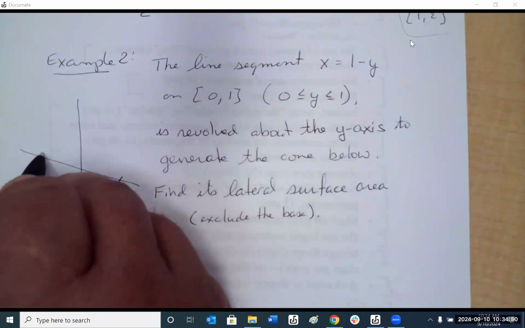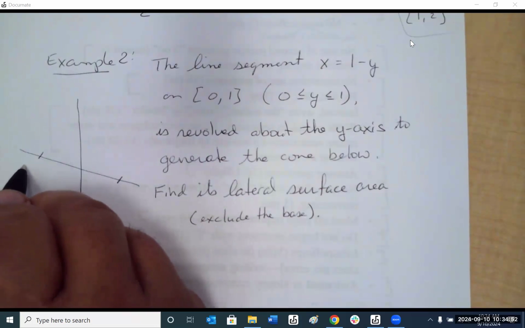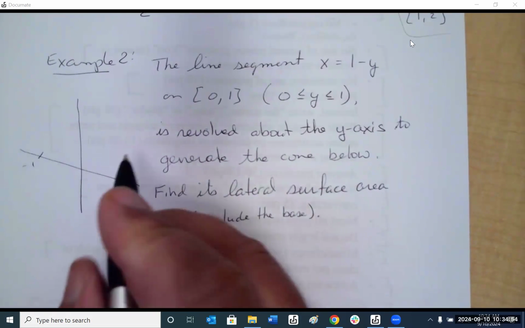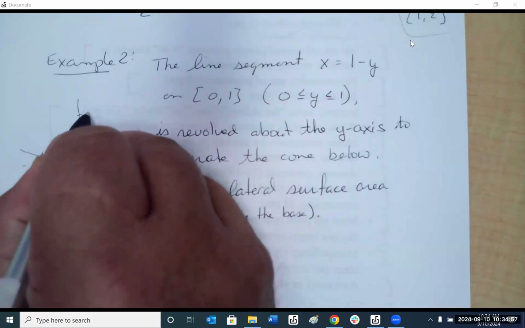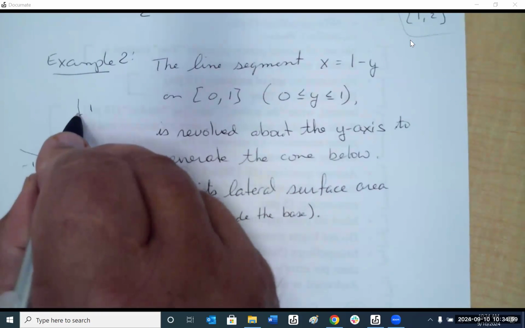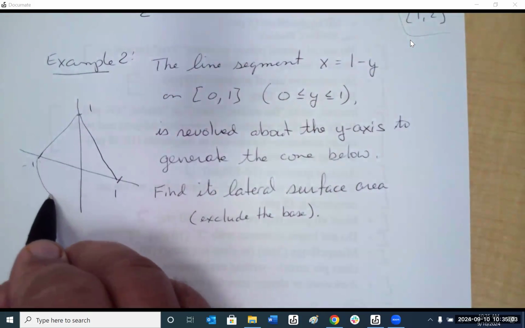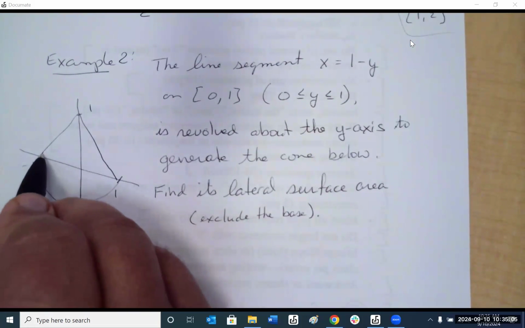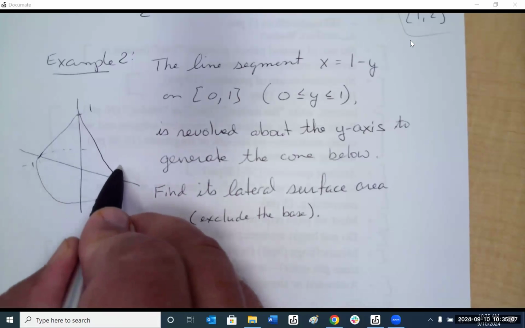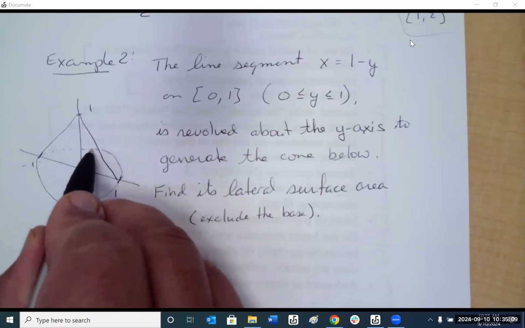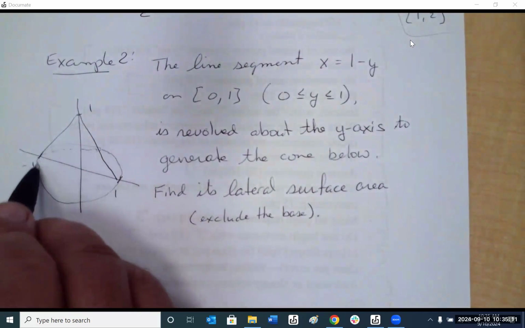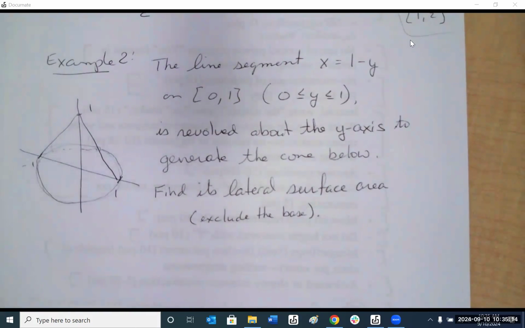So we have -1, 1, and 1. And it's rotated about the y-axis. So that's what it's going to look like. A cone looking like this.